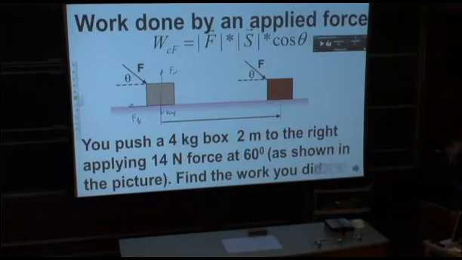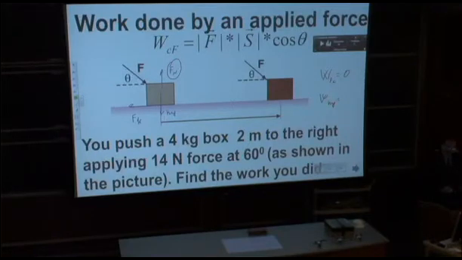Well, what do we know about the work done by the normal force? The work done by the normal force is 0, always 0. Now, what do we know about the work done by gravity?